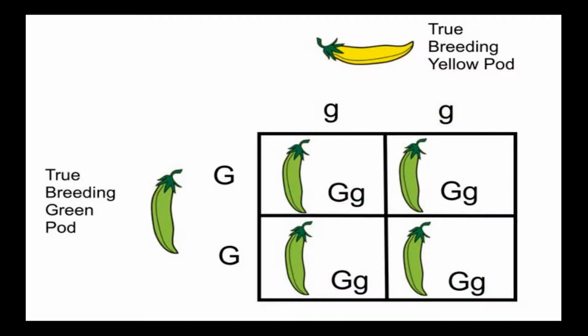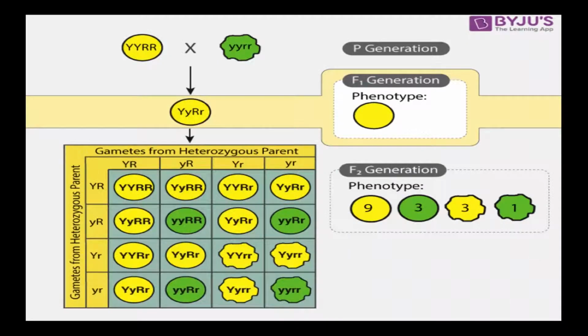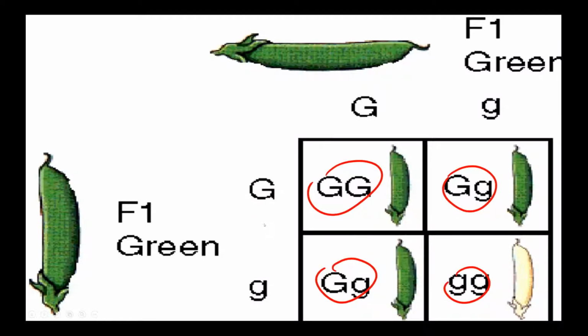When these heterozygous green pods were self-crossed, these were the results in this slide. So these are our results. So here we have the ratio of the genotype being GG, Gg, and gg.